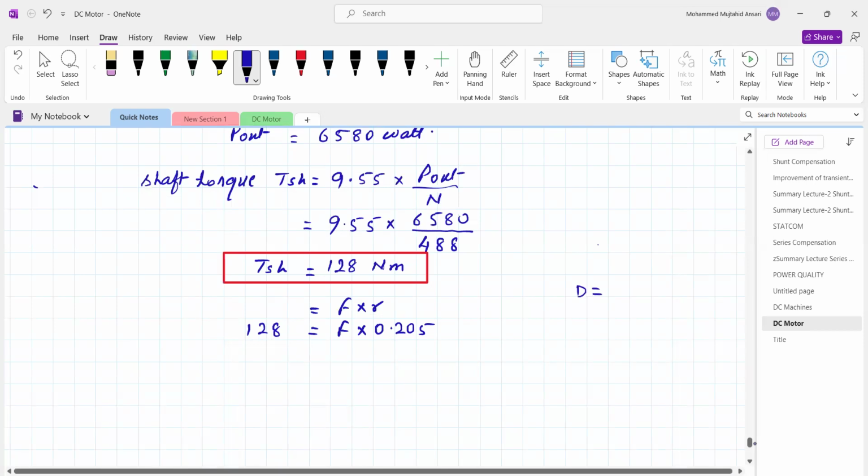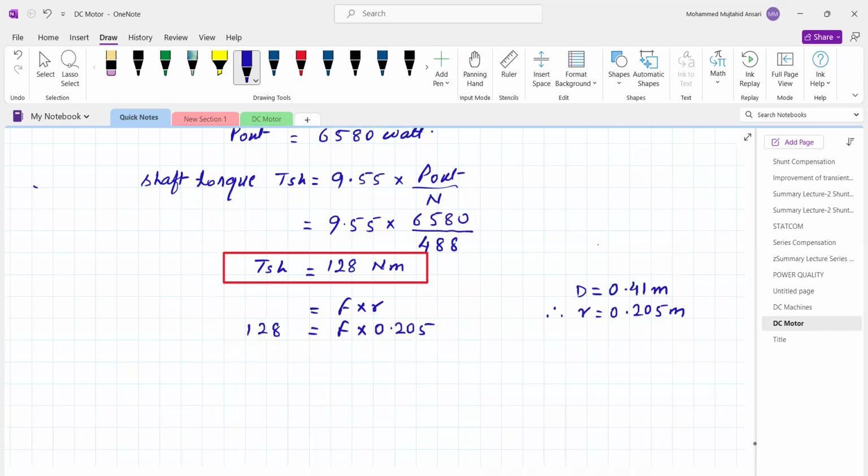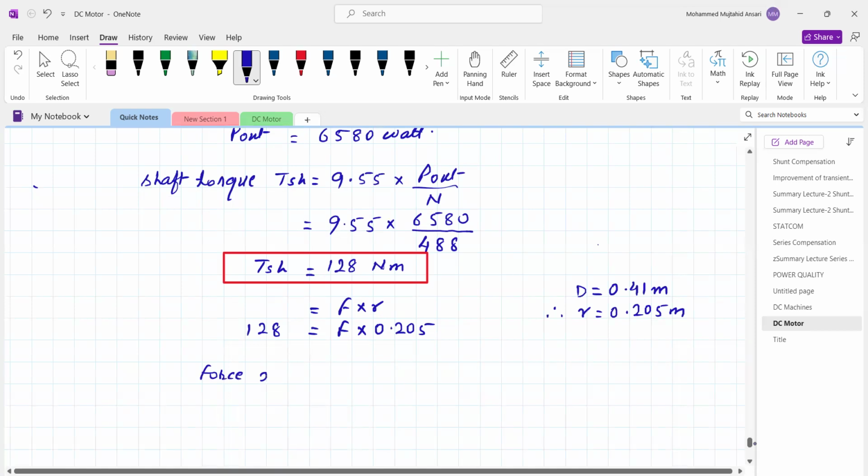So the force on the pulley F is equal to 634 Newton.